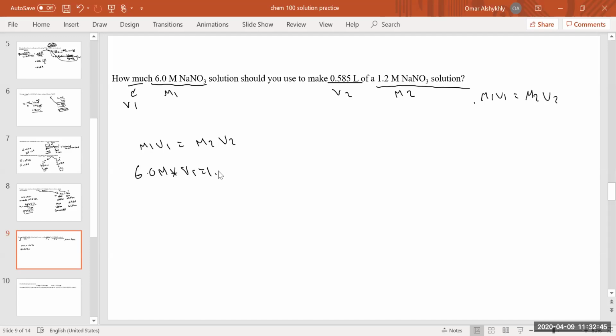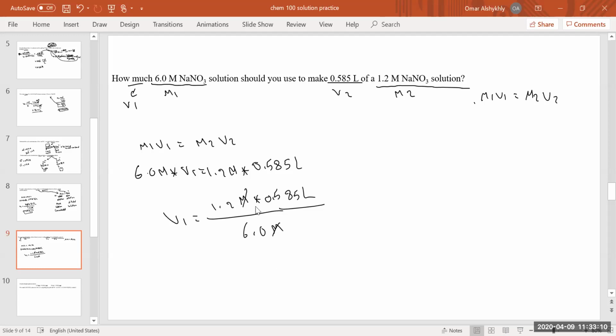The M2 is 1.2 molar times the V2, which is 0.585 liter. V1 here will equal 1.2 molar times 0.585 liter divided by 6.0 molar. Cancel molar over molar. This is the math.